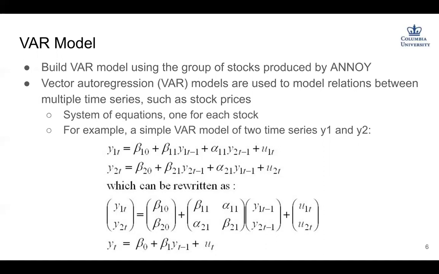The first equation would model Y1 at time t as a function of Y1 at time t minus 1, meaning the day before, and Y2 at t minus 1, which is the day before. And the second equation would model Y2 at time t as a function of Y2 the day before and Y1 the day before.